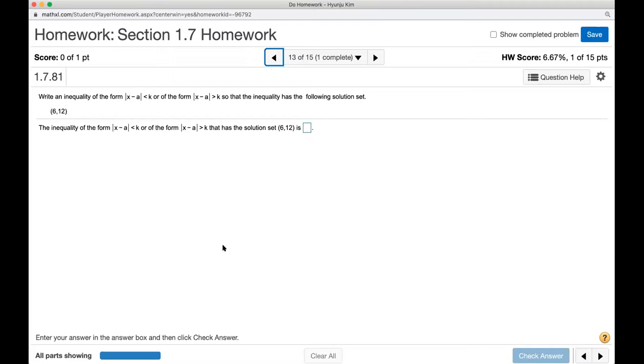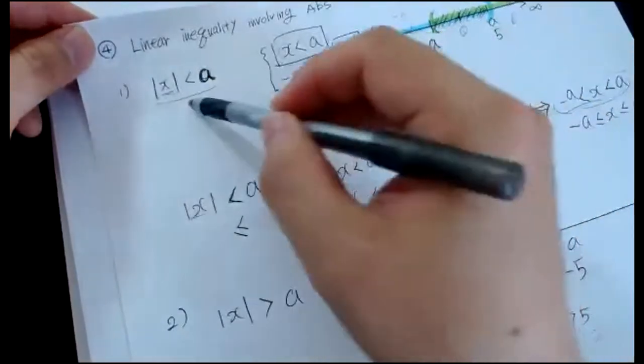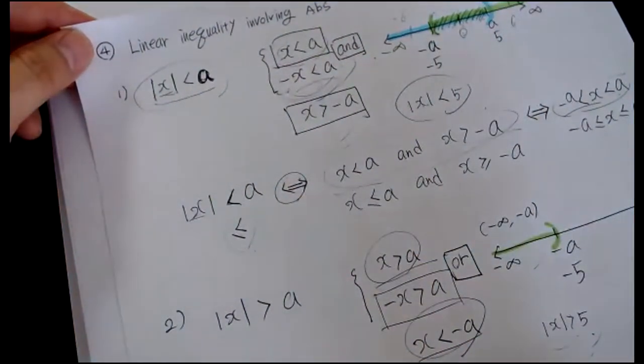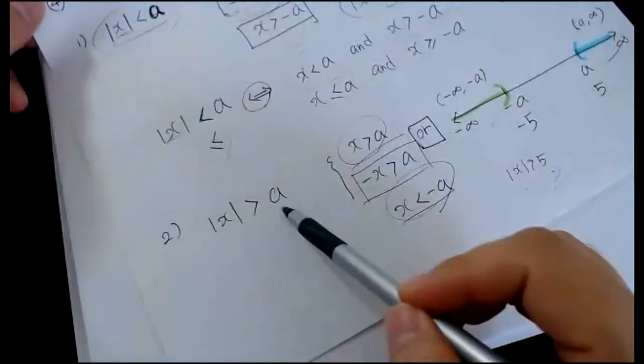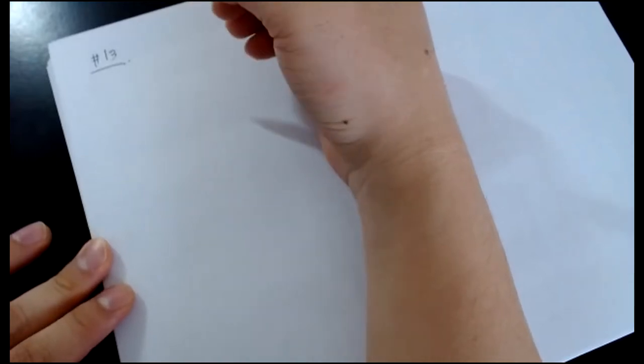Is that case one or is that case two? You learned it. So we need to figure out a, and then figure out whether we get the solution set 6, 12 in this form or in this form, right? So let's figure this out. Problem number 13 is a little bit difficult, but I'm going to help you.